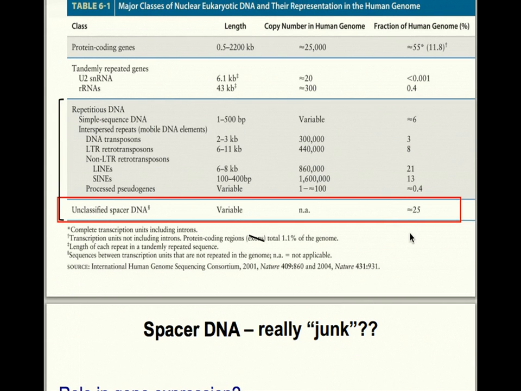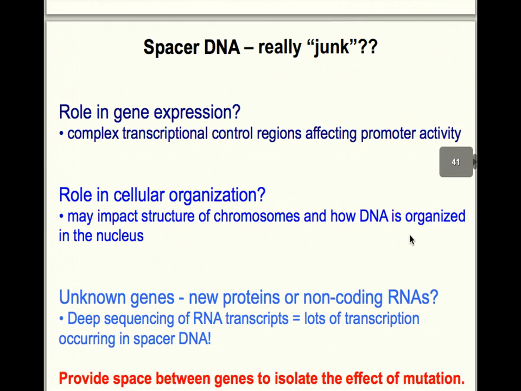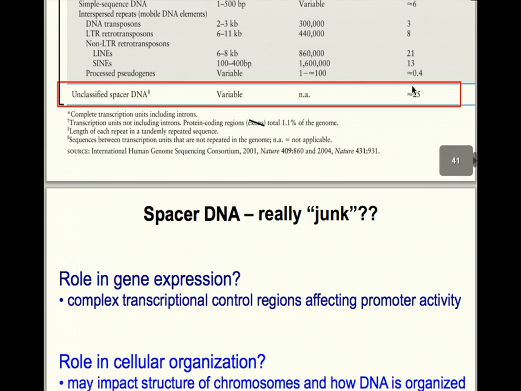Again, looking at this chart, 25% of the genome, we don't know what's up with that. It used to be called junk DNA. Why might that not be accurate? It might actually have a function. This is 25% of the genome, right?